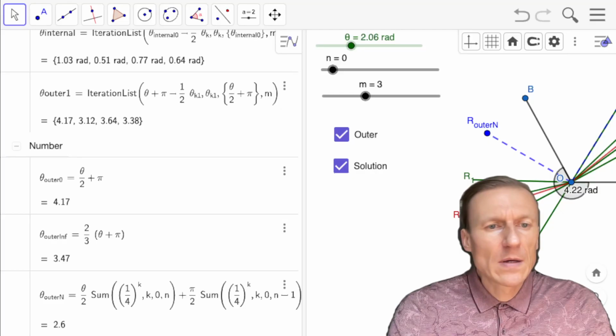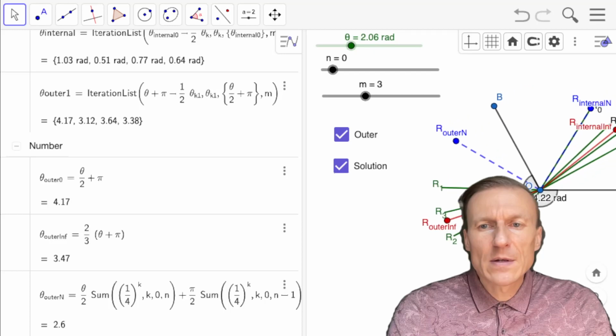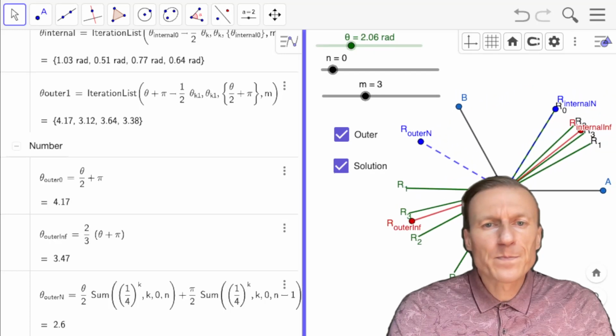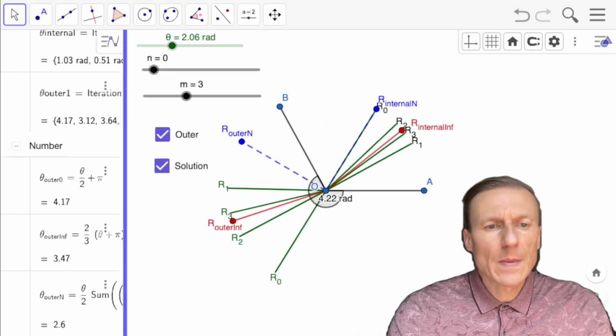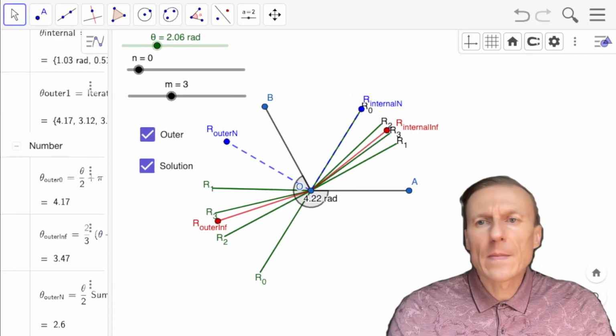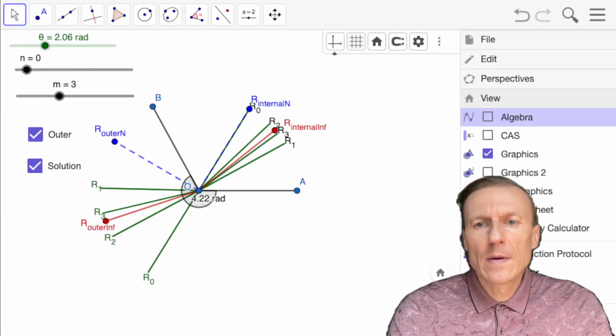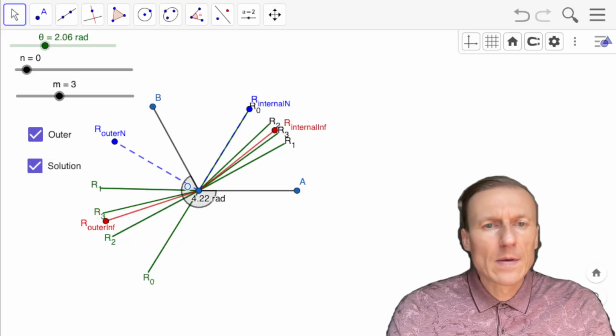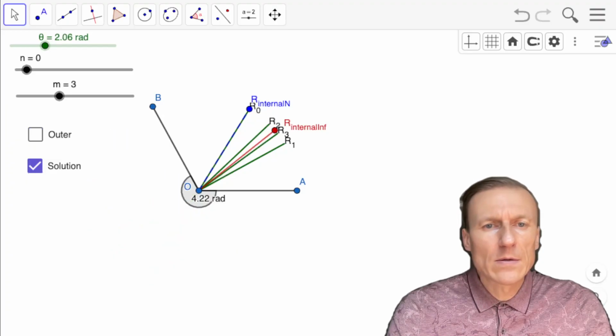And the angle at infinity is the same as we proved. We see it in red here. So if I delete the outer solution, we will have only the internal.